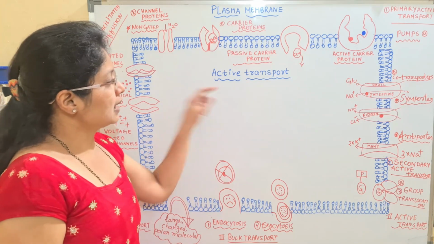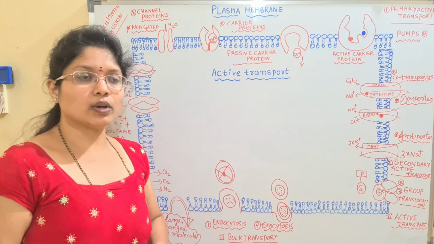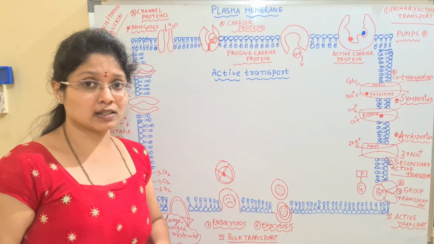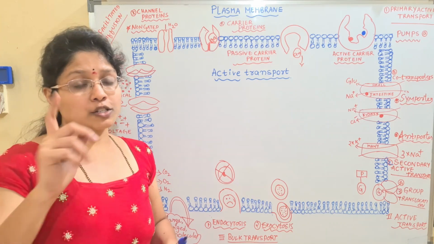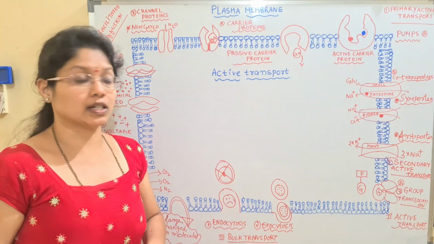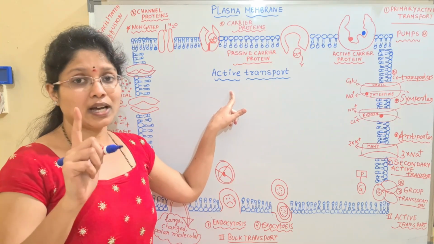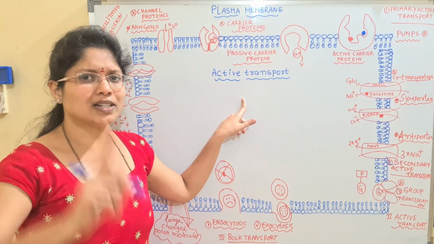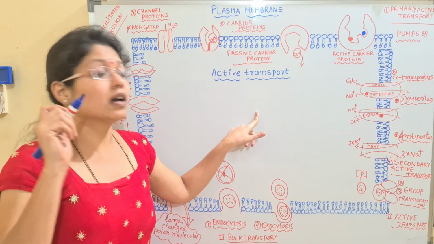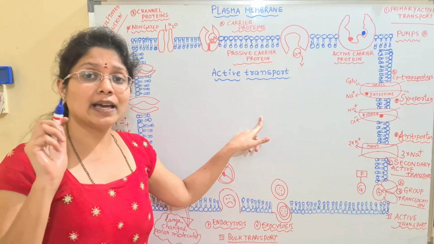And if you compare this with active transport, can you call active transport osmosis? Think of it, children. Osmosis means movement from higher to lower concentration. Then what about active transport? I have told you that active transport is against the gradient. It is not moving along the gradient, it is moving against the gradient.